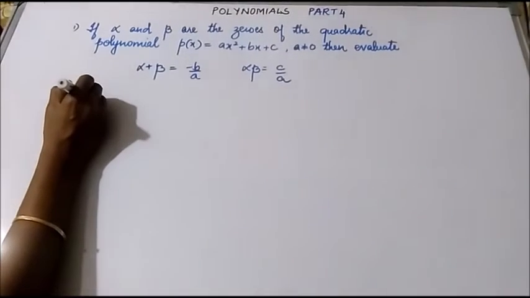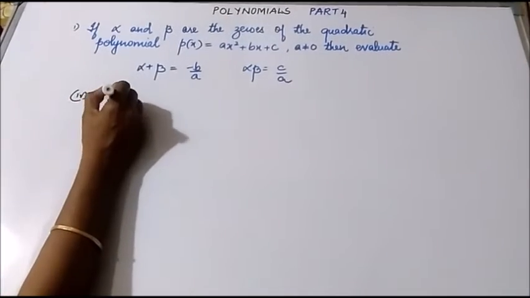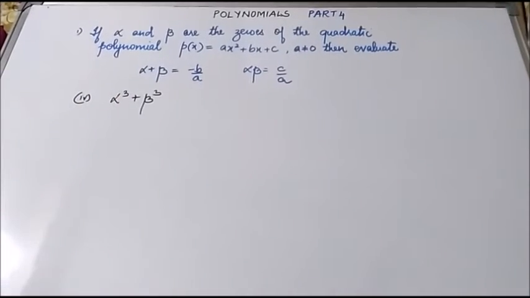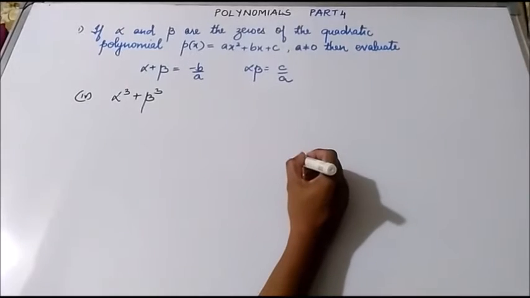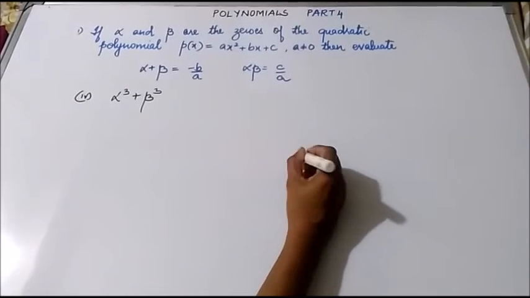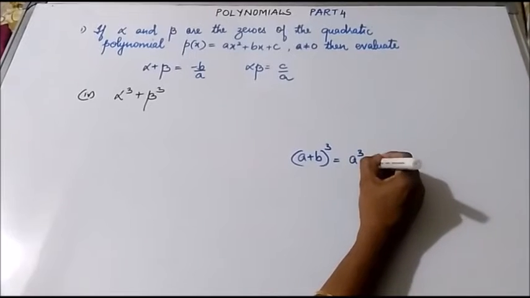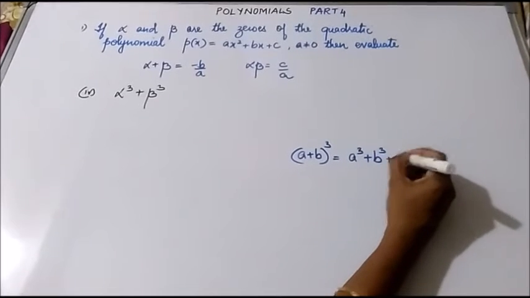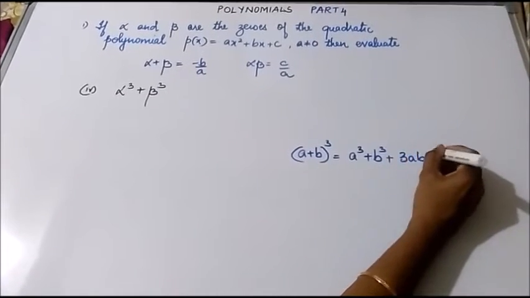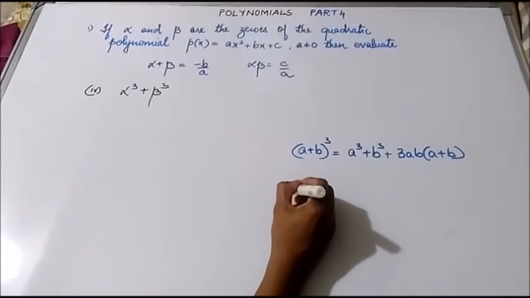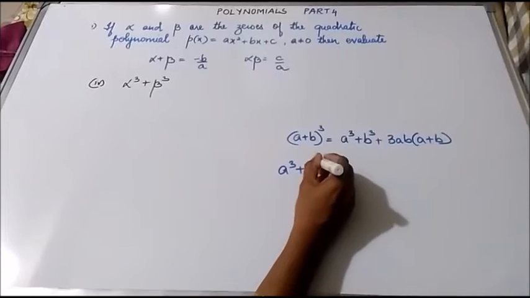Now, the fourth one. Alpha cube plus beta cube. Here, we use the identity a plus b the whole cube is equal to a cube plus b cube plus 3ab into a plus b. Now, if I write a cube plus b cube, what is a cube plus b cube?